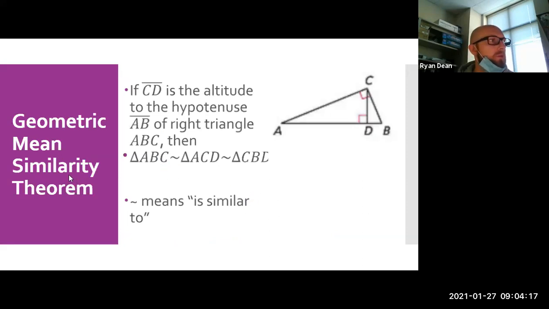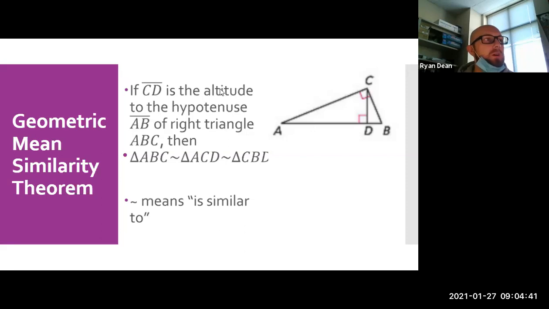So this geometric mean similarity theorem, we're not going to spend too much time on similarity, but we do need to discuss it. What we're saying here is that segment CD right over here is the altitude to the hypotenuse AB. AB's down here.